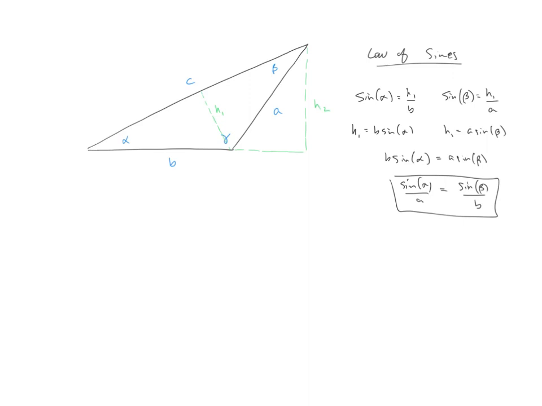So let's now focus on the bigger triangle right here. The much bigger triangle that I created suggests that sine of alpha is going to equal h2 over c. And then I'm going to look at this triangle right here. What I'm missing so far in this triangle is the angle here. And this is going to be pi minus gamma. Notice how they're supplementary angles.